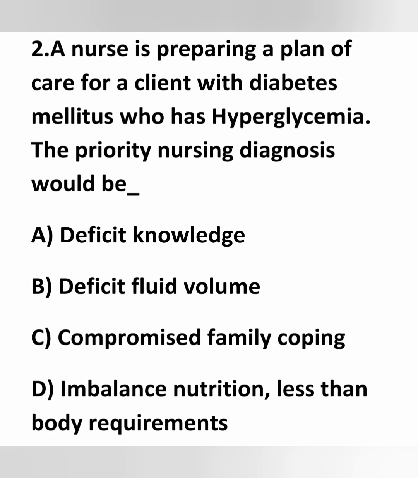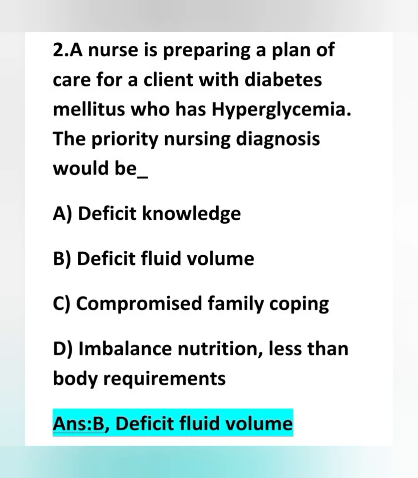Here, an increased blood glucose level will cause the kidney to excrete glucose in the urine. Okay, glycosuria, and this glucose is accompanied by fluid and electrolytes. Along with this glucose, fluid and electrolytes will be lost from the body, causing an osmotic diuresis, leading to dehydration for the patient. So the first priority nursing diagnosis will be deficient fluid volume.